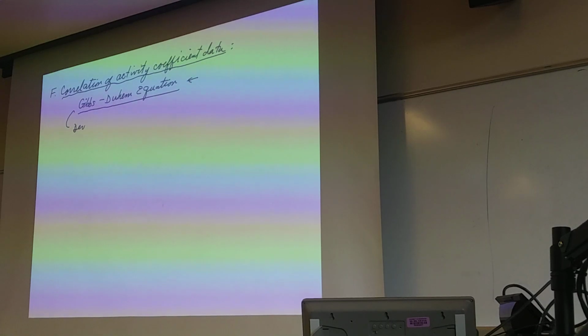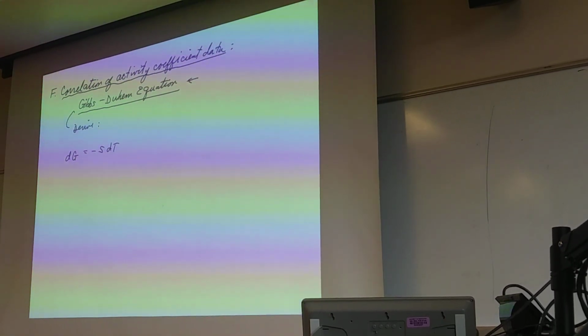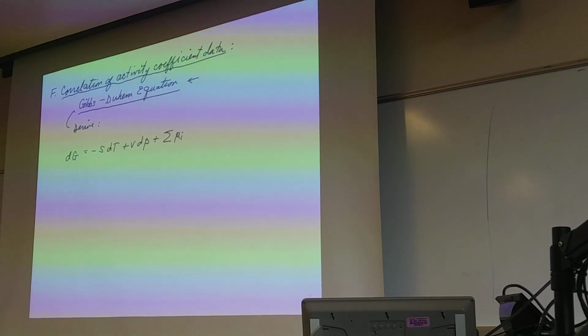so this is what I'm going to do right now, is to write down two equivalent expressions for dG. Both of them completely general. This is now for an open system. So that's a completely general expression. But I also know that I can express any extensive property in terms of the partial molar properties.